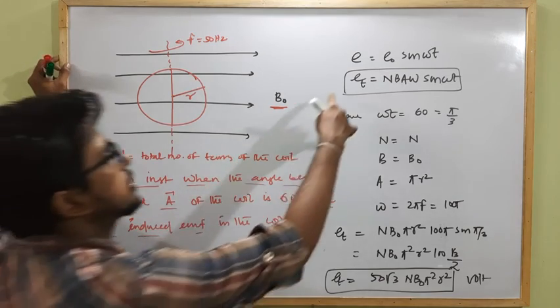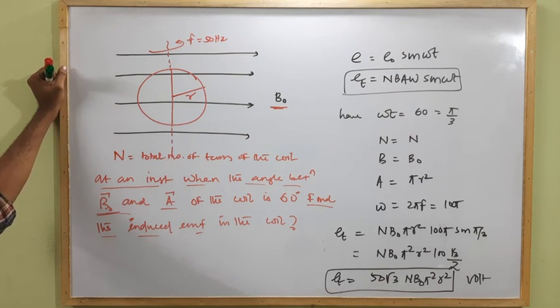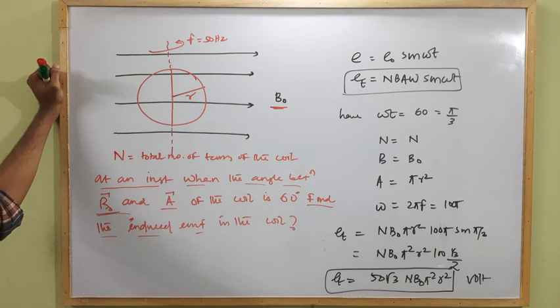Clear? And this is the expression for instantaneous EMF. Clear? Where n is the total number of turns of the coil, B is the external magnetic field strength, A is the area, and omega is the angular velocity, which is equal to 2 pi into frequency of the coil.